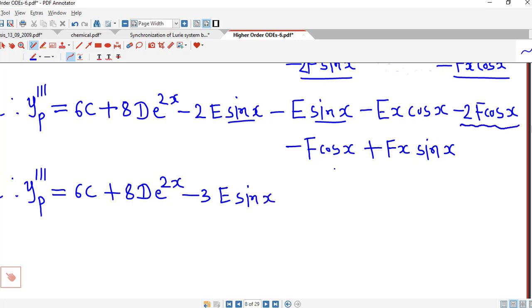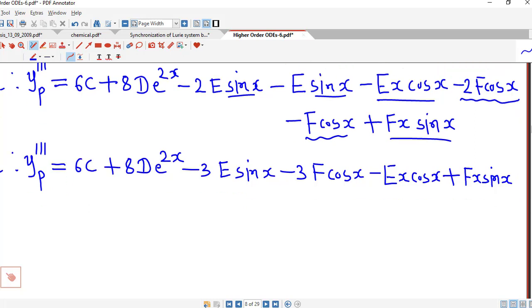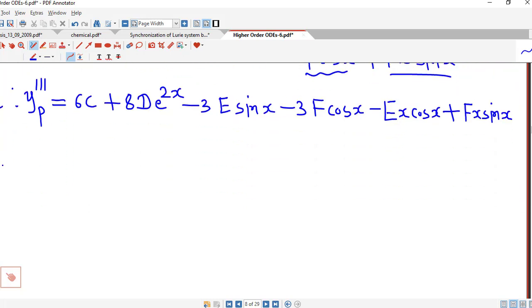Cos x is minus 2f cos x minus f cos x, so minus 3f cos x, and here minus ex cos x plus fx sin x. Okay, fine. So we have found the derivatives required for given equation.